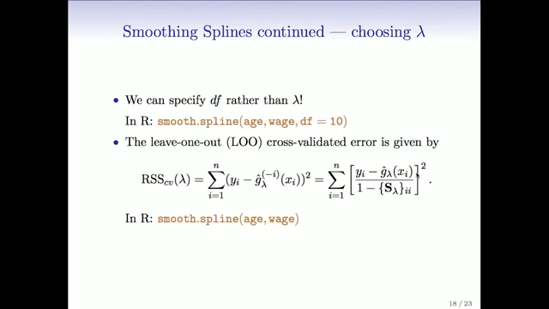It computes the leave-one-out cross-validated residual sum of squares. And so you do this for a range of values of lambda and pick the value that minimizes it. That's done automatically in the function smooth.spline if you don't specify lambda or the degrees of freedom. It'll just automatically use this cross-validation. So it's very attractive.